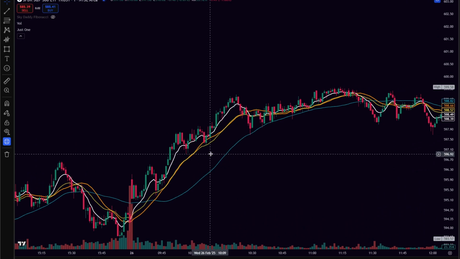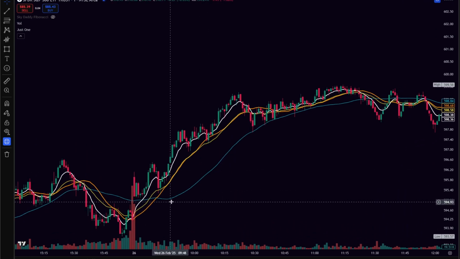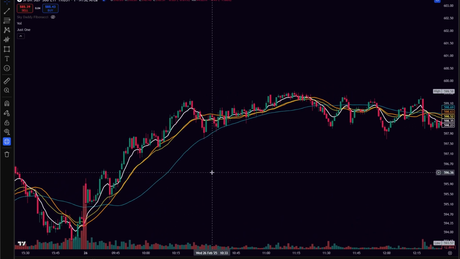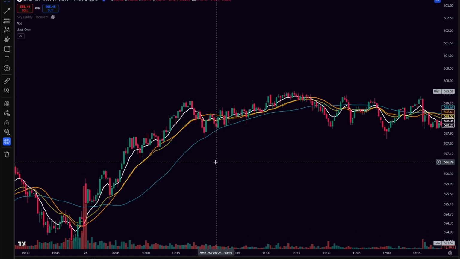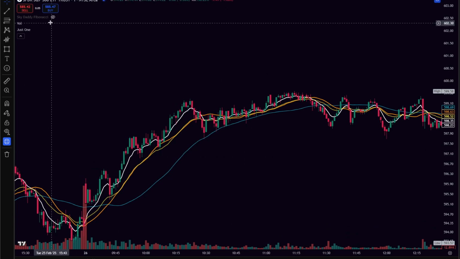So far we have the 8 and 21 EMA cross, and we have the splay and the direction the 21 EMA is trading, whether it's above or behind the 20 moving average.